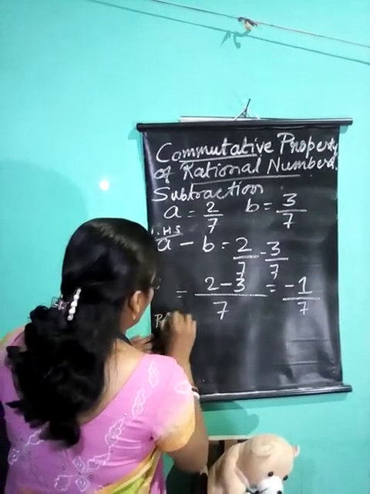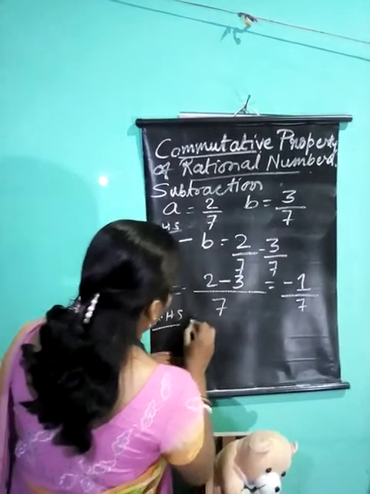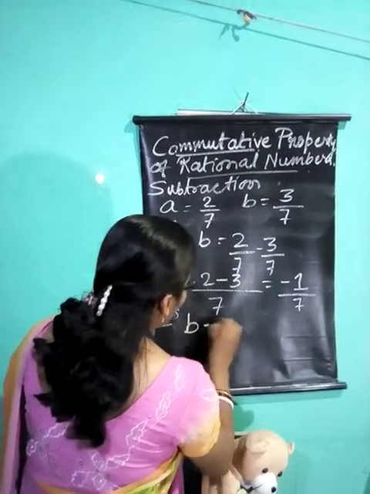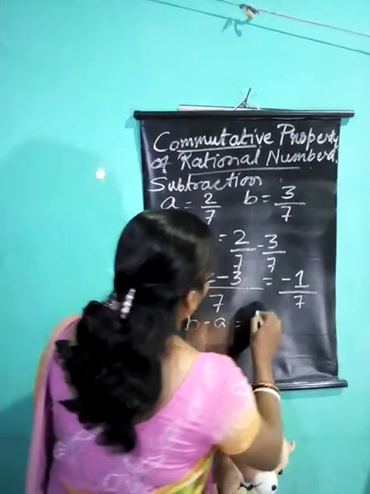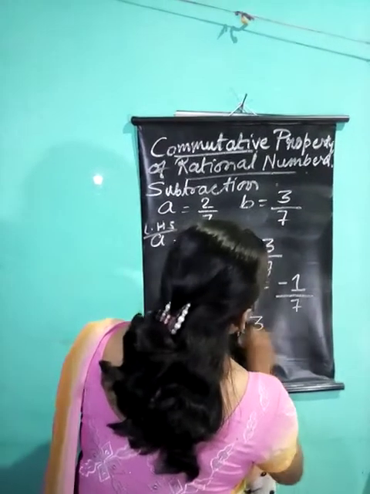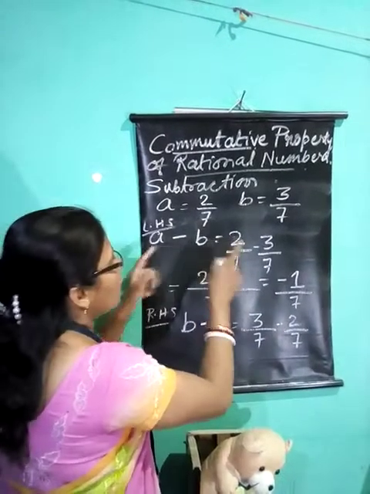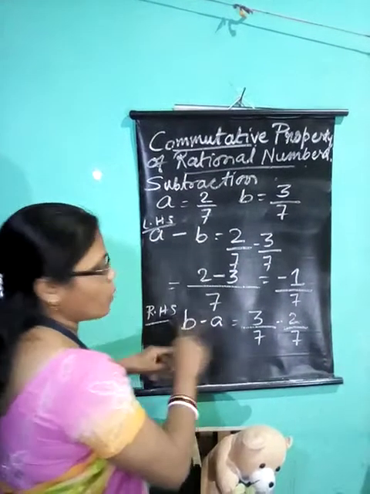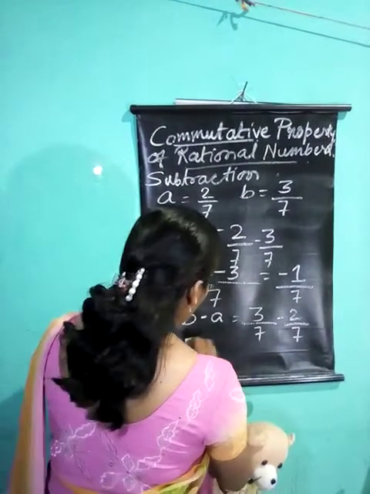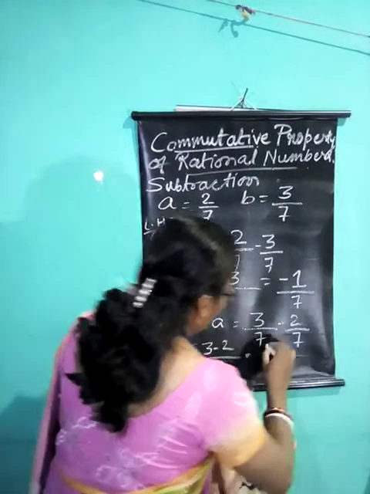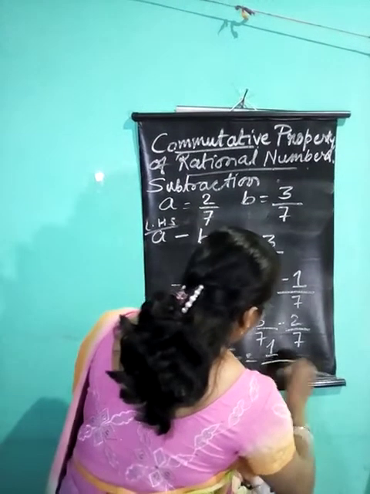And RHS, you have not A minus B, it is B minus A. B is your 3 by 7, so 3 by 7 minus 2 by 7. You just have to change the places. A and B, the place is being changed. So now you do it. 3 minus 2 by 7 is 1 by 7.